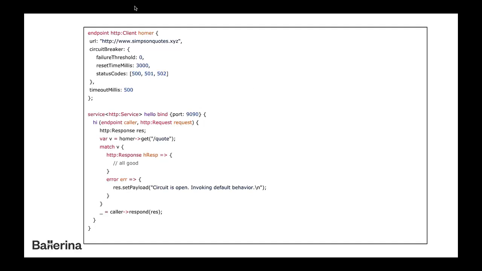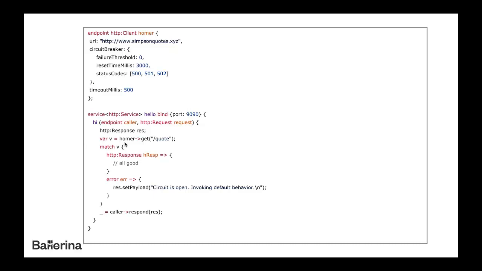So you can see this is how we do it. We have an extra configuration to the endpoint where we put some circuit breaker specific properties, giving how much time to use for the reset, what's marked as an error in the request responses, the specific status codes, and so on.